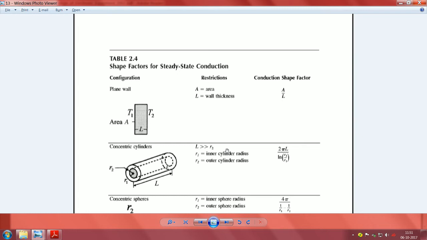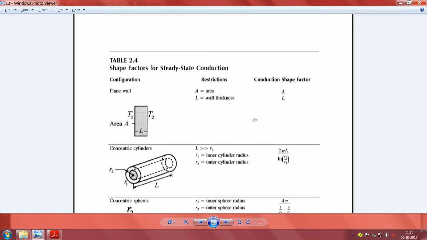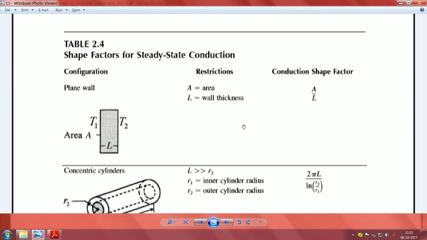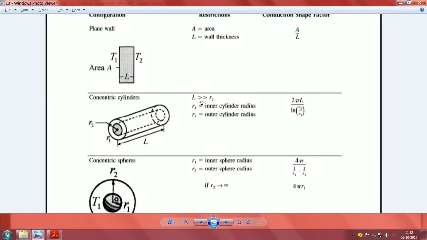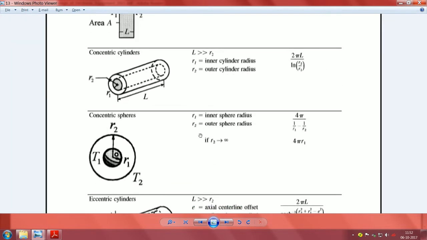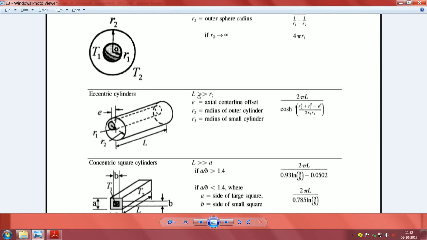Here things have been tried to be made saying, can you give a simple conduction shape factor, so that the shape factor can itself be used in your simple conduction formula, and then you deal with things like this. Typically it is a part of a heat sink. Same thing you can have if you have concentric cylinders, concentric spheres, eccentric cylinders.